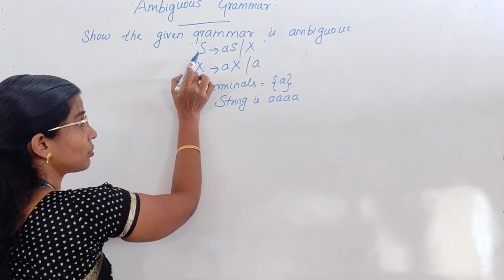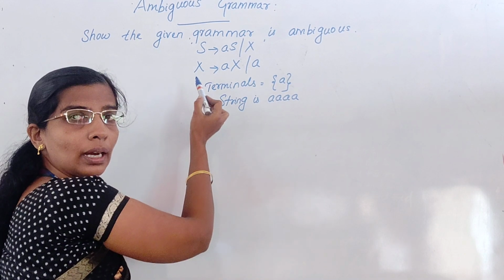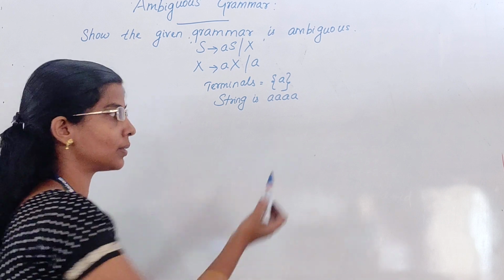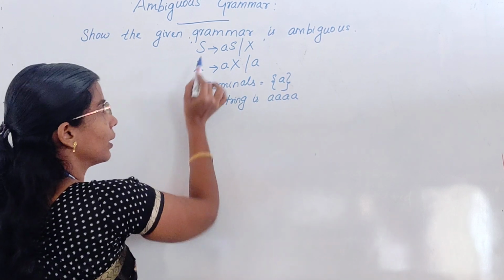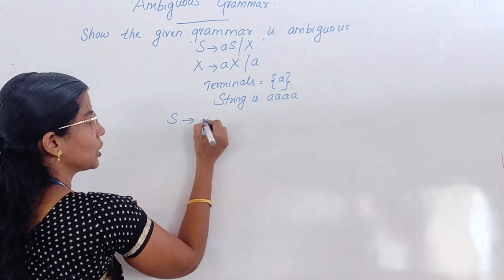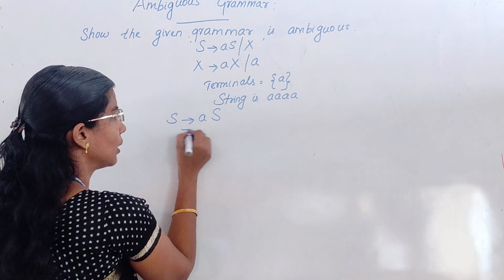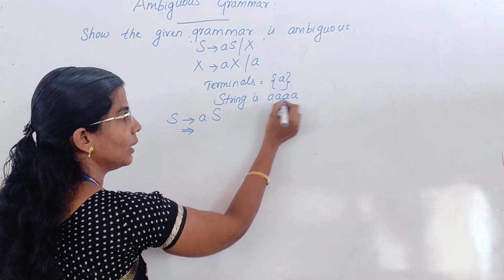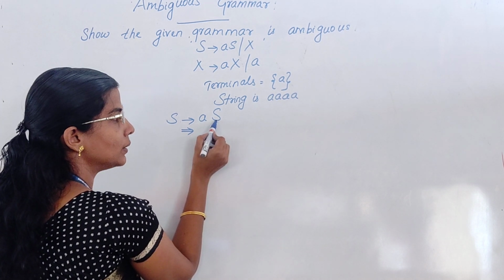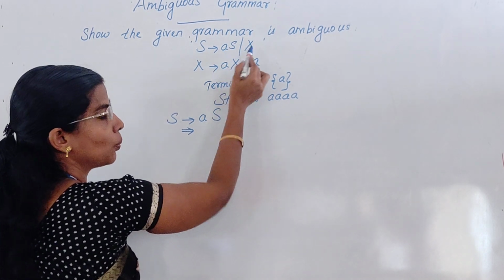Next, what will I do? I want to derive this string using this grammar, and I check whether I am getting two different parse trees for the same string. So I start with my start production. First production I use A. Next, how many A's do I need? I need 4 A's. So again I replace this non-terminal S using these two productions.